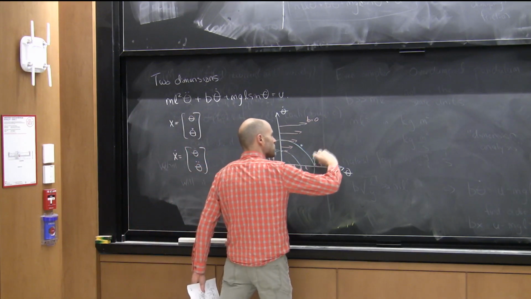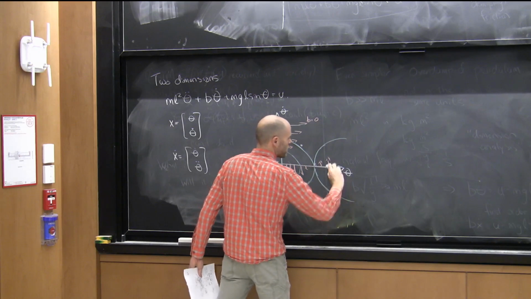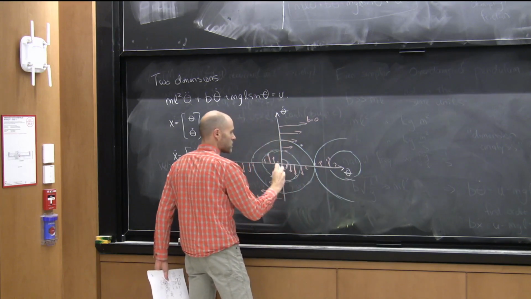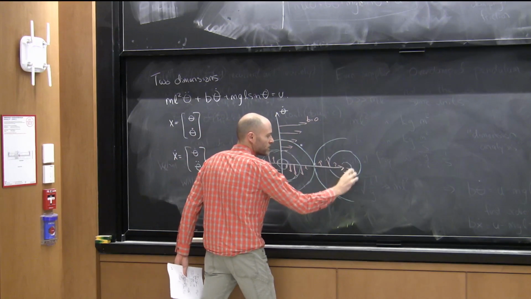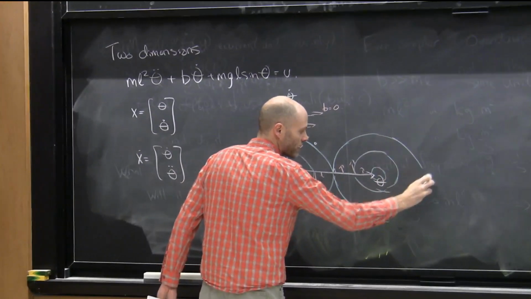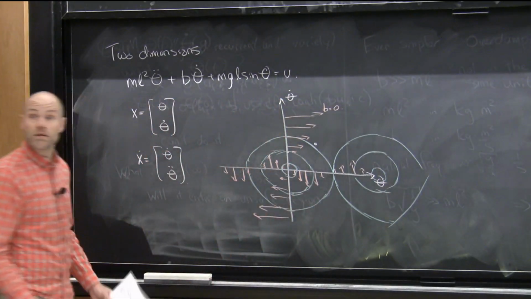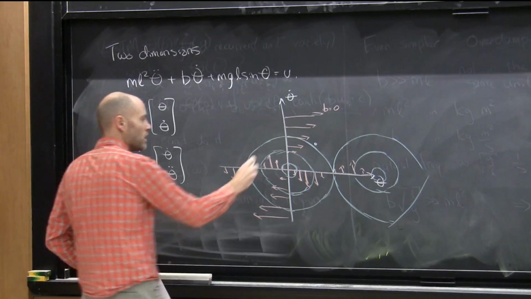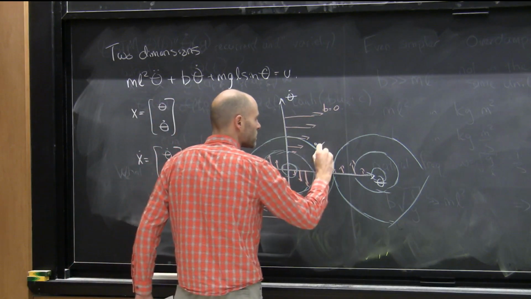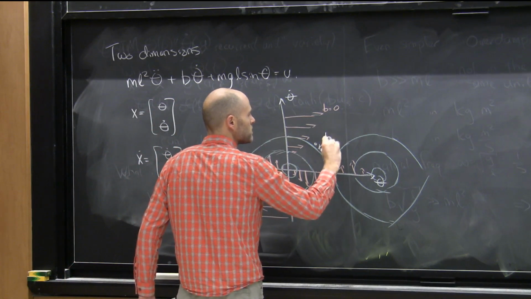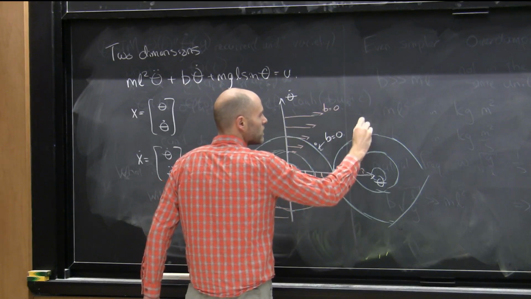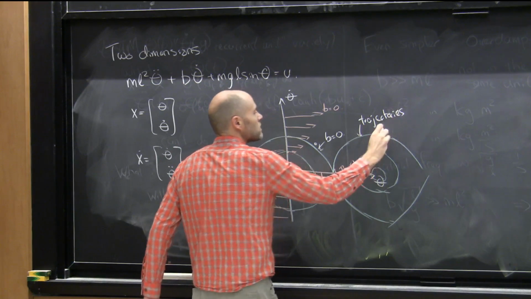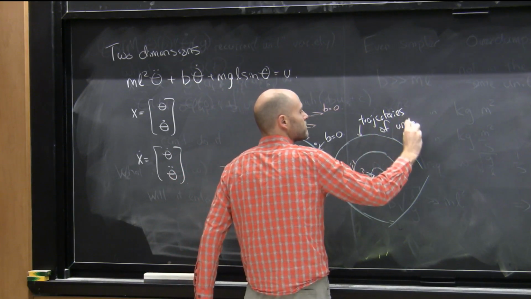And over here, it repeats again. They're pretty circular near the origin, and they're a little bit elongated into an eyeball kind of shape over here. And these are the trajectories, or orbits, of the undamped pendulum.